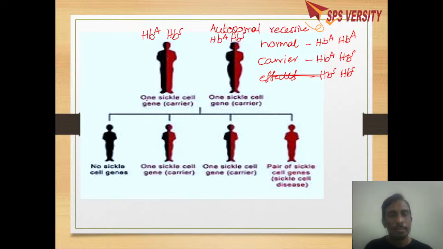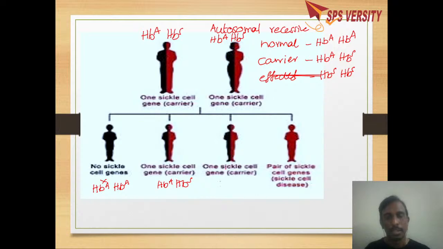When both got married, you can see one individual with no sickle cell, not affected, genotype HBA, HBA. One is a sickle cell carrier, HBA, HBS.